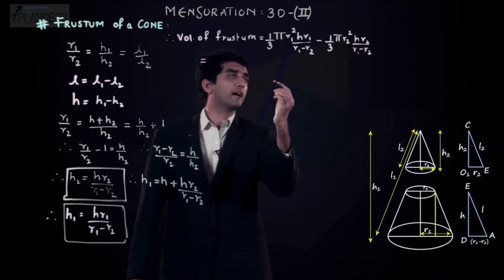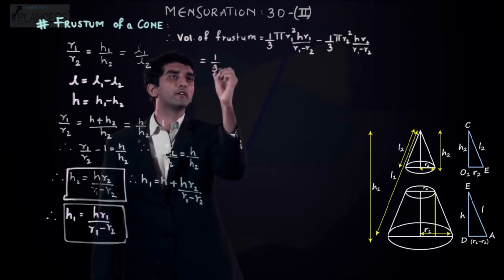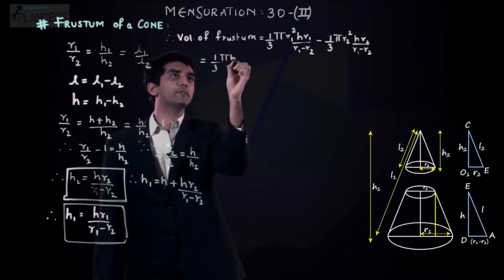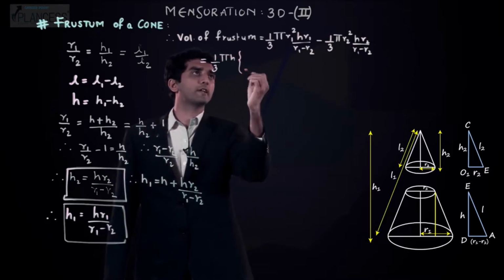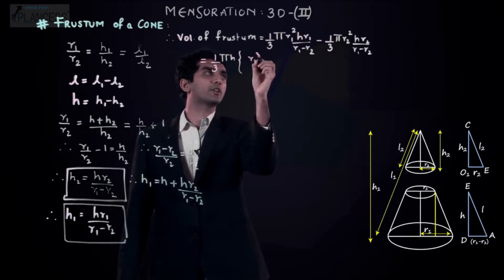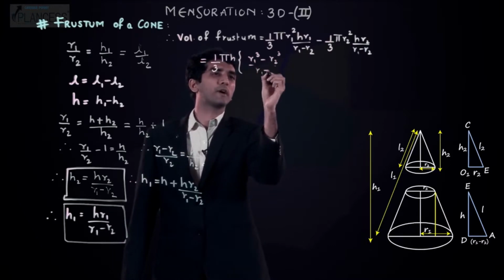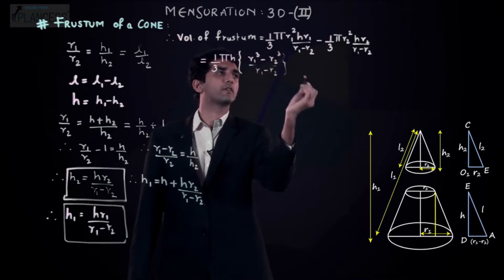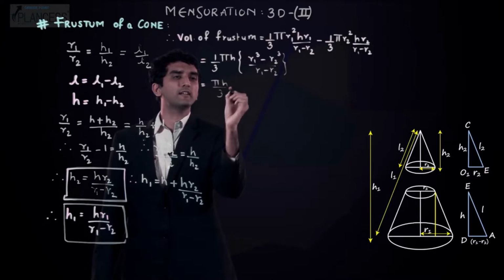So here we have 1 by 3 pi h common. Now as you can see, what is left is pi by 3 and h is taken out. We have r1 cube minus r2 cube upon r1 minus r2. Now this can be written as pi h upon 3.